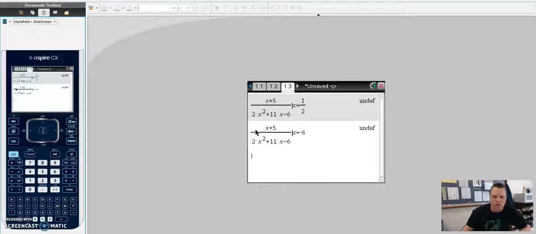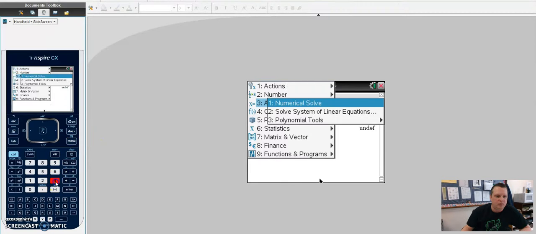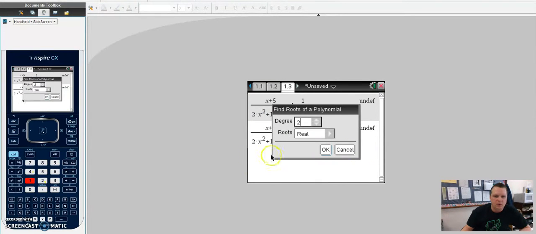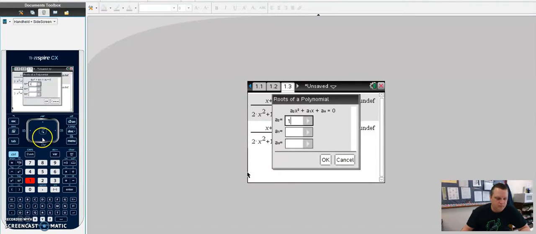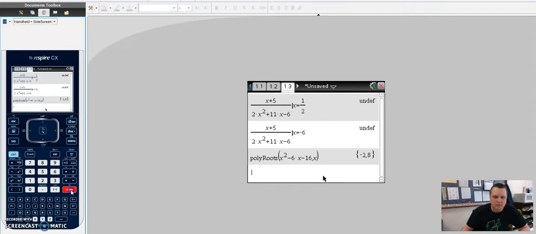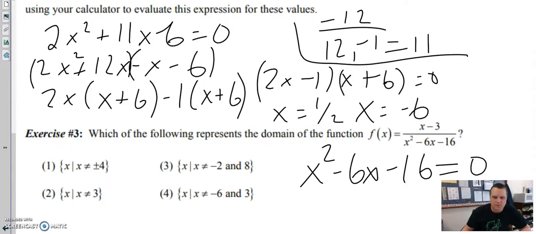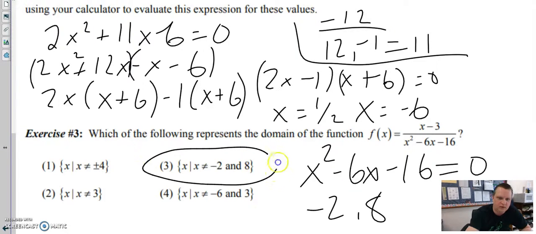So just go to your calculator and do your menu 3 3 1, and plug in 1, negative 6, negative 16, enter, negative 2 and 8. So that means that negative 2 and 8 do not work. They make it undefined. Therefore, it is choice 3.